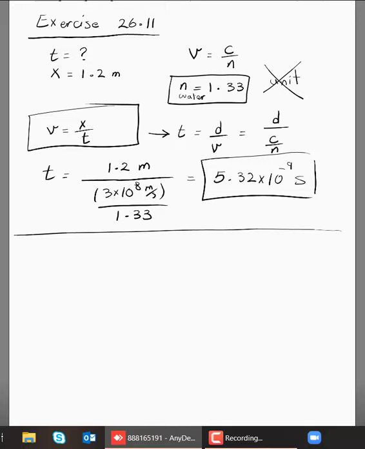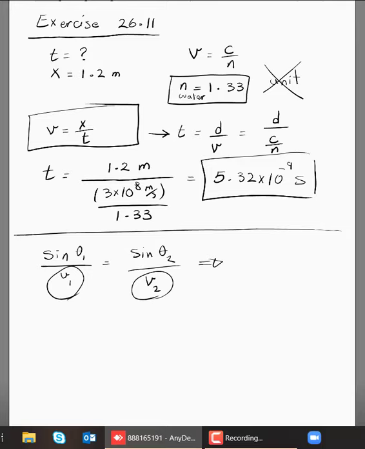Alrighty, now that I know what the index of refraction is, let's go back to the equation that I had: sine theta 1 divided by V1 equals sine theta 2 divided by V2. Now I replace the velocities in terms of c, the speed of light.